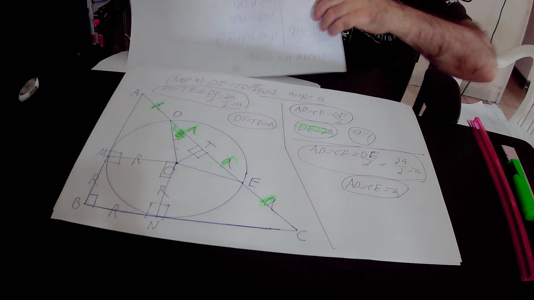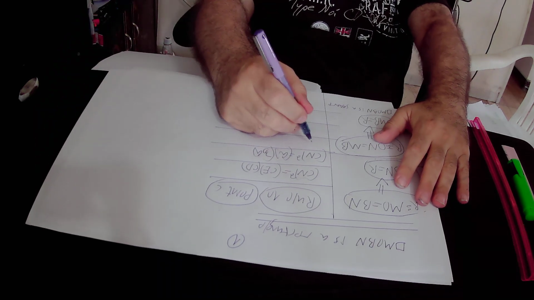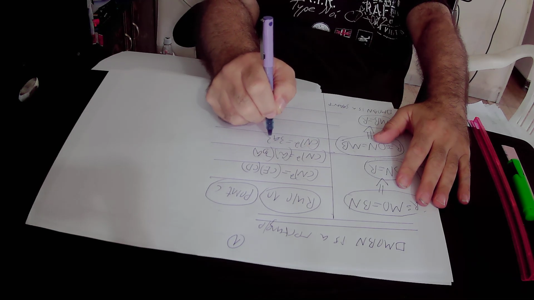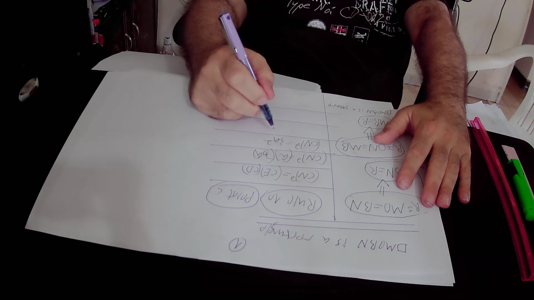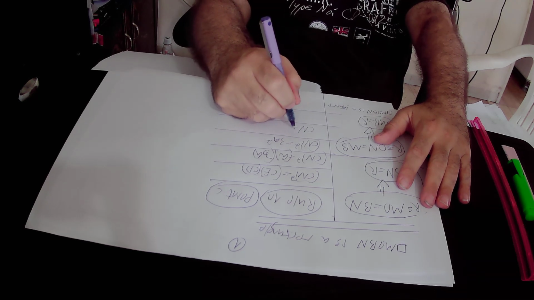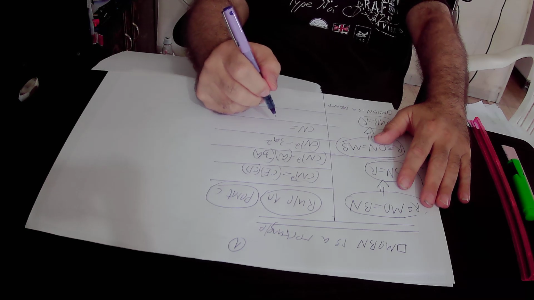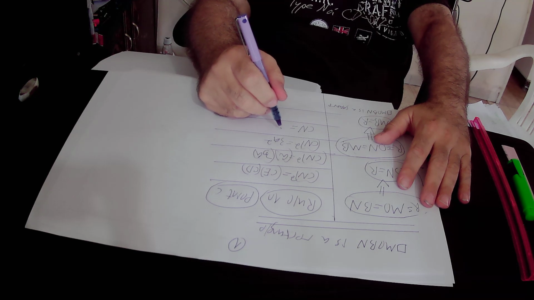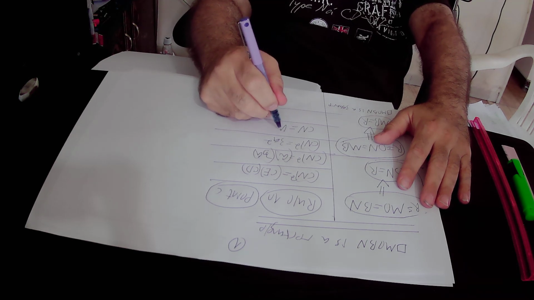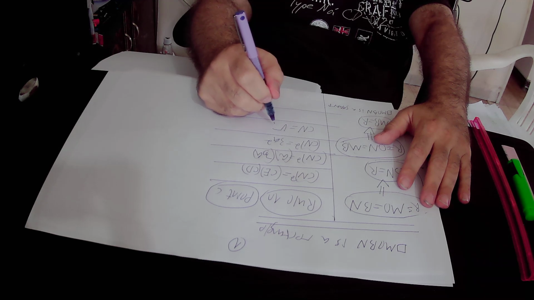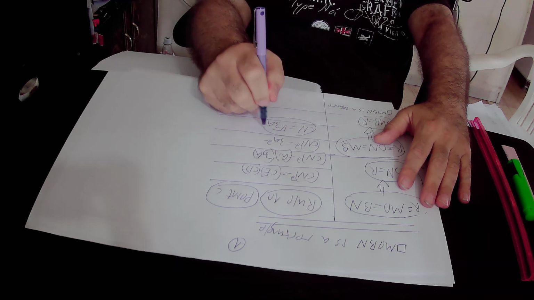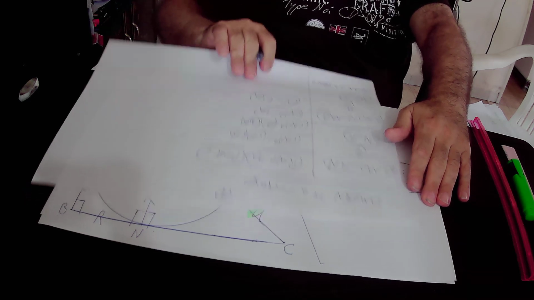And we get that CN squared equals A times 3A, that is 3A squared. Taking the square root, we get that CN equals the square root of 3A squared, which is the square root of 3 times A. Here CN equals the square root of 3 times A.